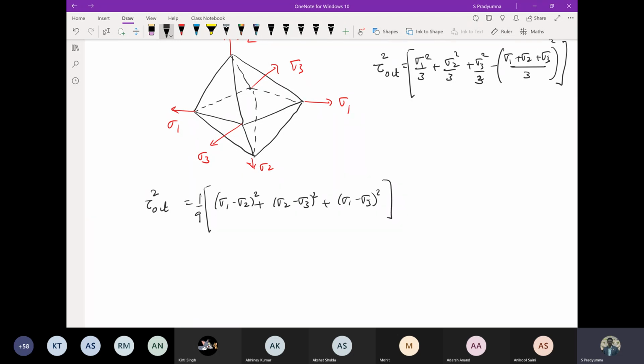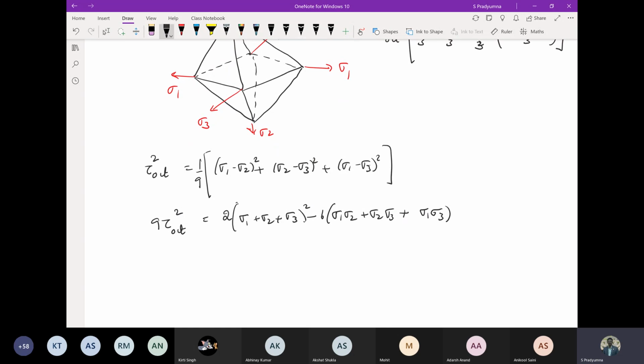Therefore, I can write down saying that 9 times tau octahedral square is equal to 2 into, just I'm rearranging this again, sigma 1 plus sigma 2 plus sigma 3 square minus 6 into sigma 1 sigma 2 plus sigma 2 sigma 3 plus sigma 1 sigma 3. Okay. Therefore, I can write this as equal to, this is the first invariant I1 and this is the second invariant I2. Okay.